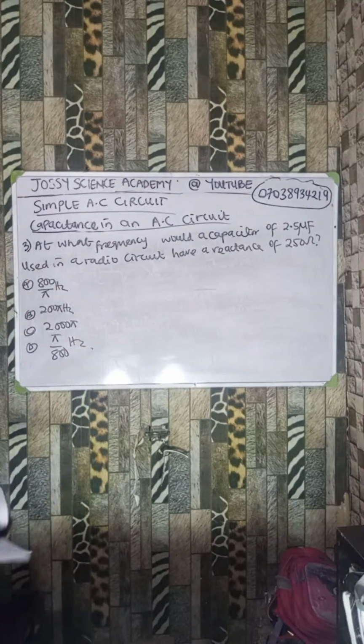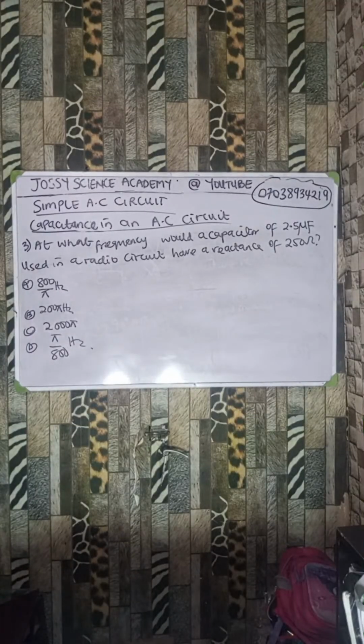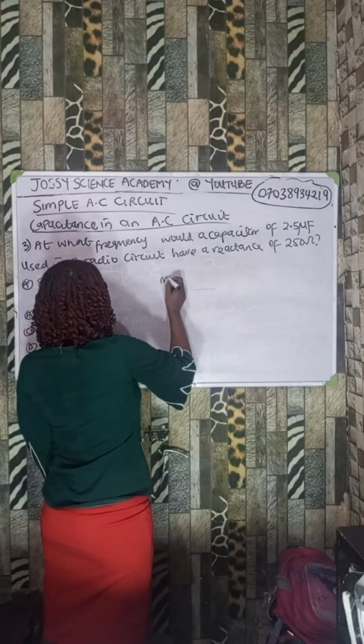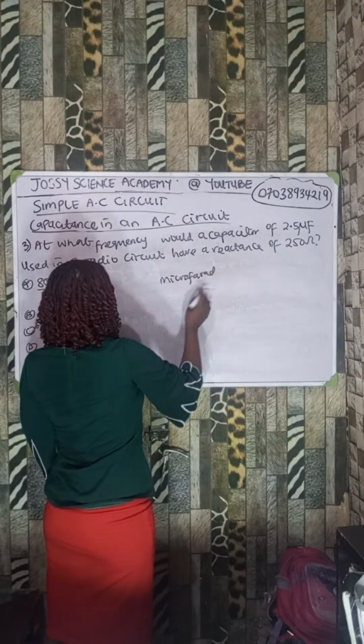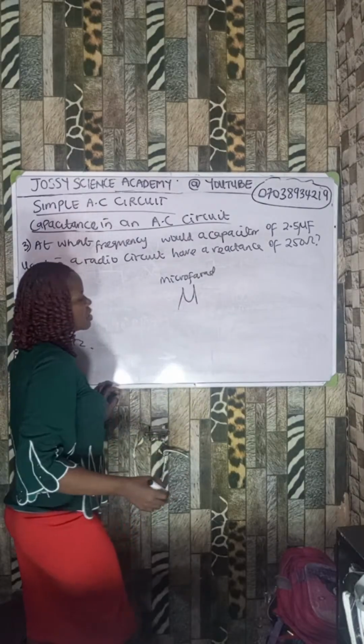Okay. Now before we can think of solving this problem, there is something I forgot to tell you when I drew that diagram of capacitance in an AC circuit. Please mind you and hold on so I cannot forget that the capacitance of a capacitor is measured in microfarad. See how the symbol is? You just write u and put it like this. This is microfarad.